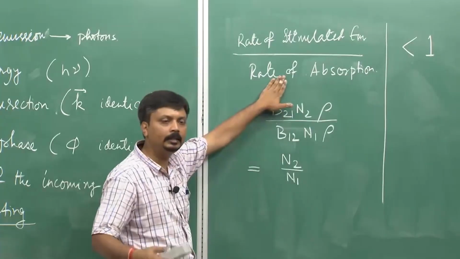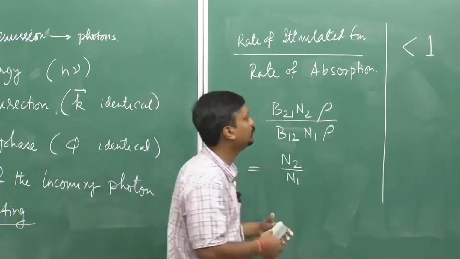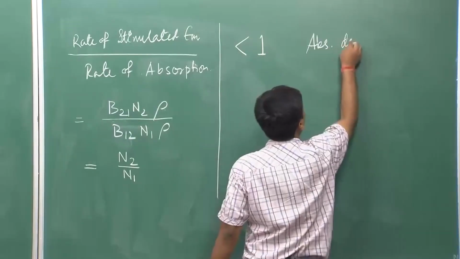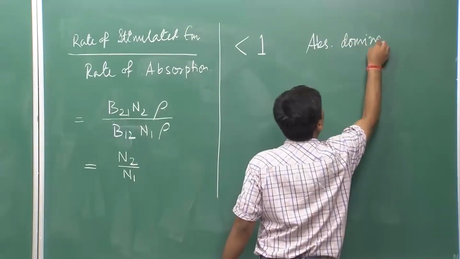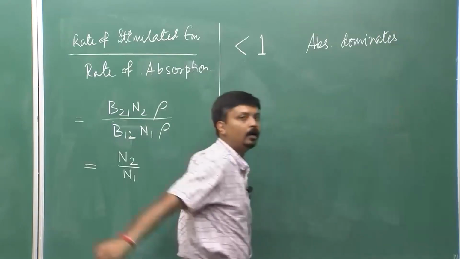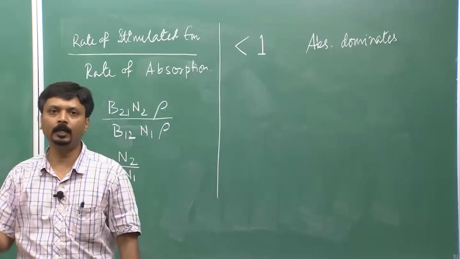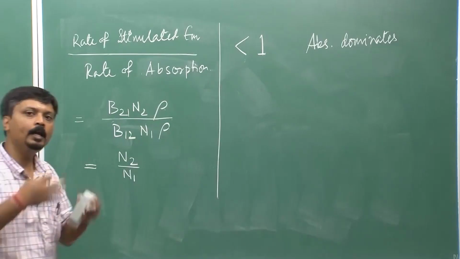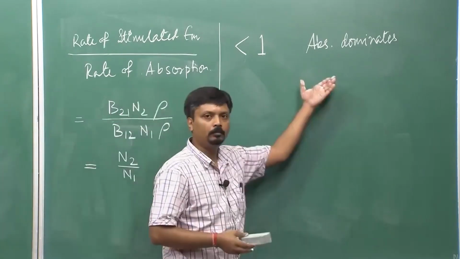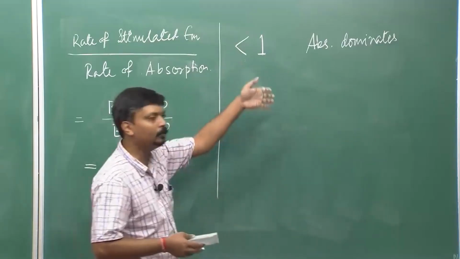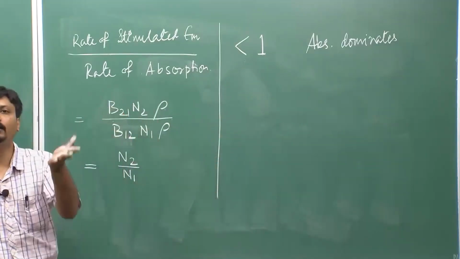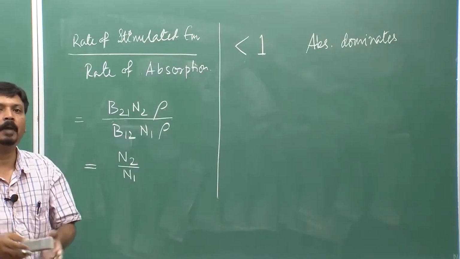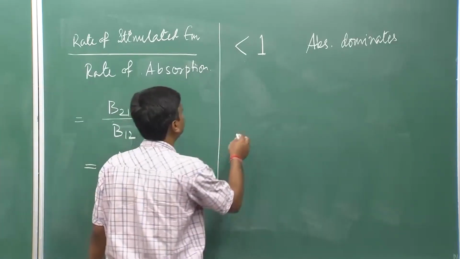I have a system where absorption dominates, and I have no luck with laser action, right. I have to get a huge amount of stimulated emission, which I will amplify to get a laser. But here if absorption dominates, then most of my light will be used only for absorption. I will never be able to get maximum output of stimulated emission.